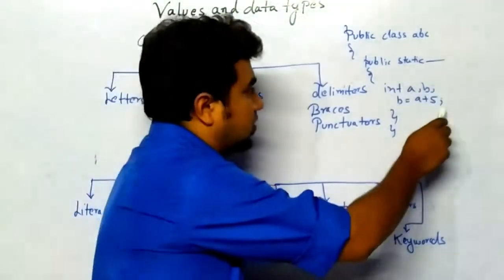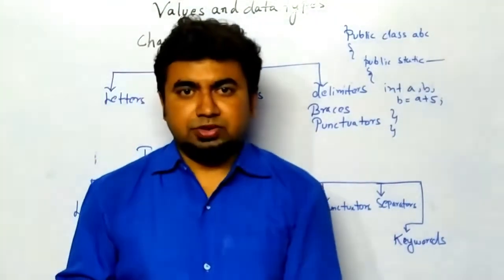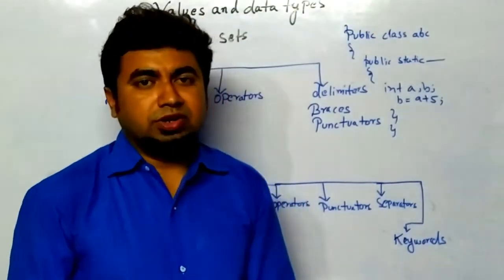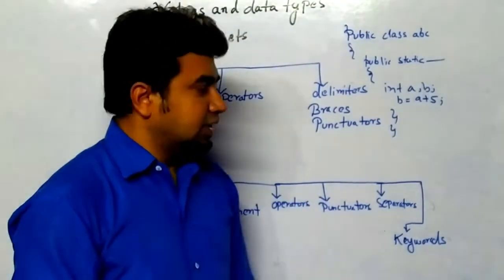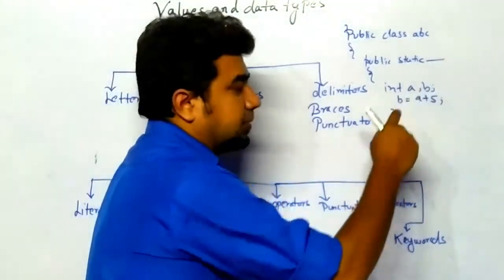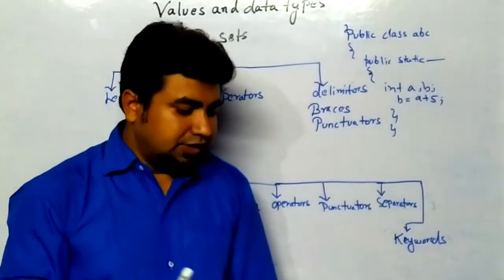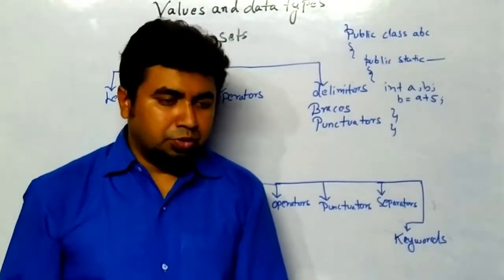What is the meaning of semicolon? Semicolon is used in Java statements to end the statement, so it is known as a line terminator. And comma is used to separate variables, that is why these are known as delimiters. All these things are used in a program.